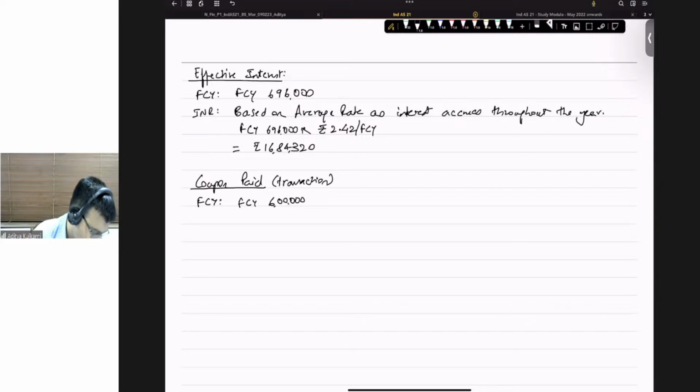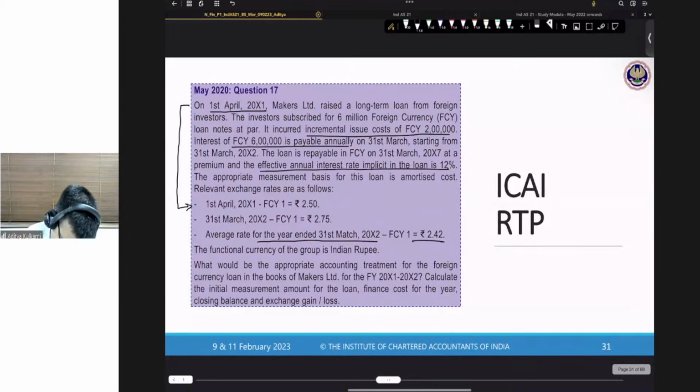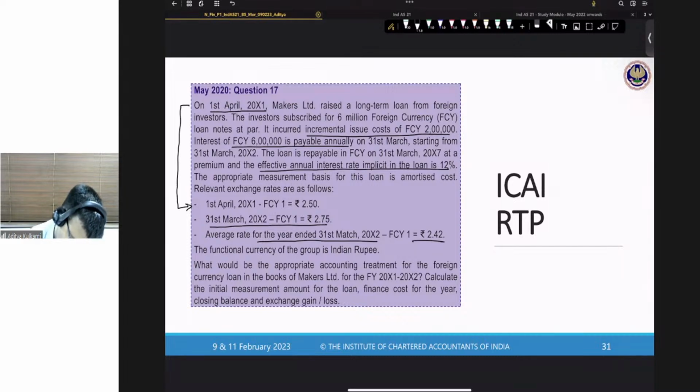Okay. So if I have to convert it to INR, I use the rate on the date of payment. This is equal to FCY 6 lakhs into the rate on 31st March 20X2, 2.75.